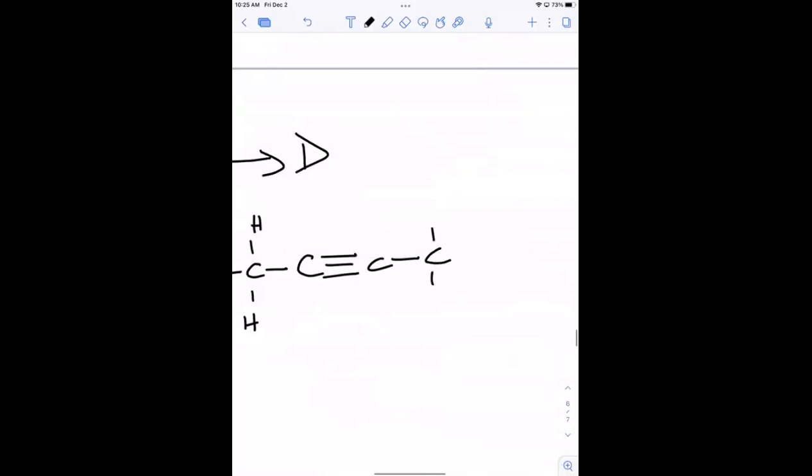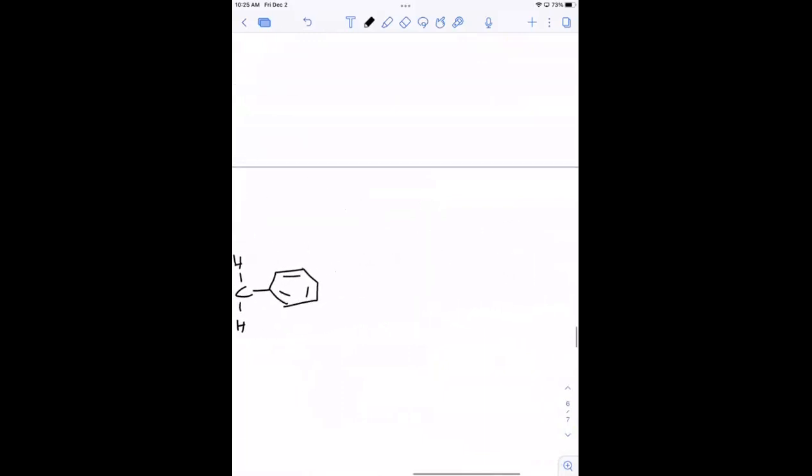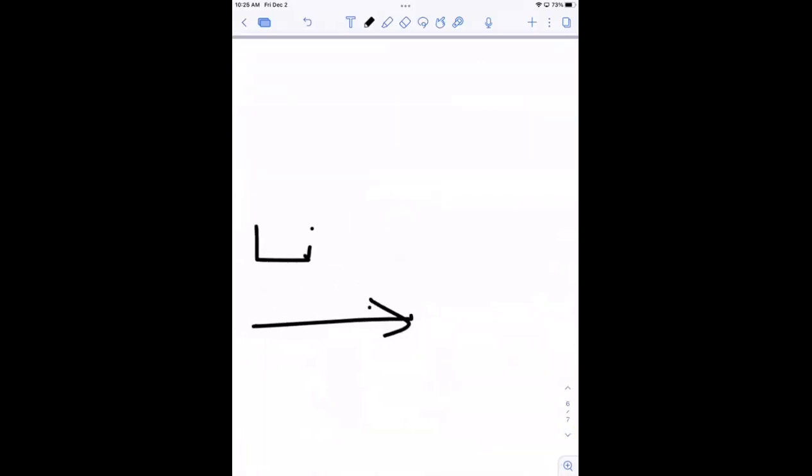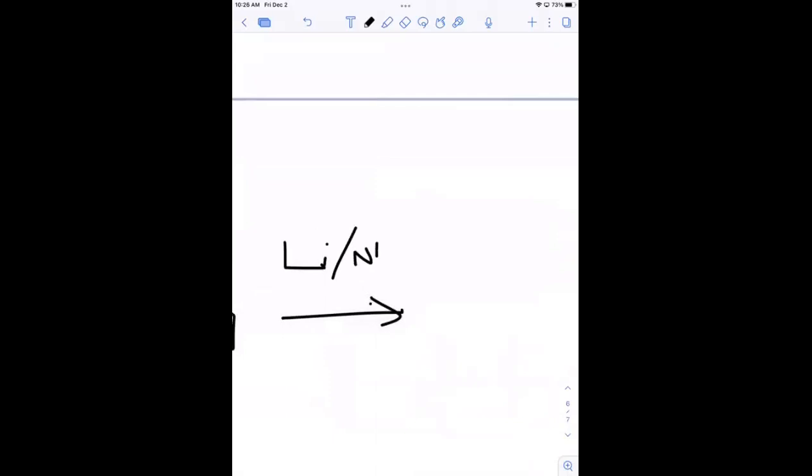Over here is the same thing on that side because that's what we made. And I'm going to treat that with lithium and ammonia. And that's going to be a trans alkene synthesis.